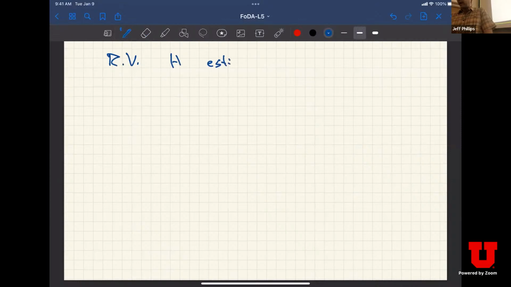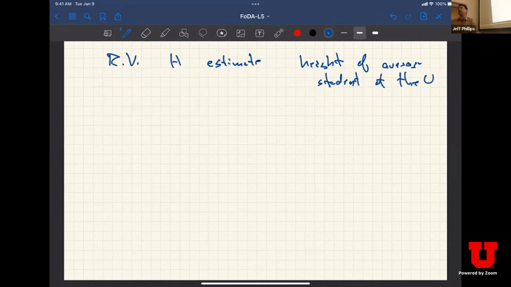And I want to say that this is the height of the average student at the U. Okay, so I want to estimate the average height of a student at the U.